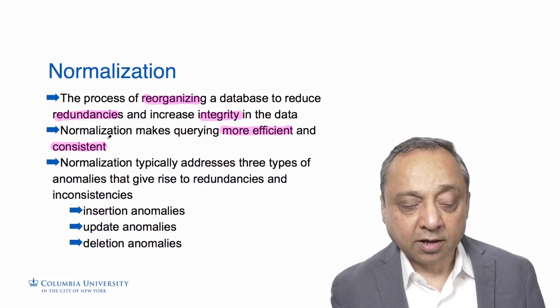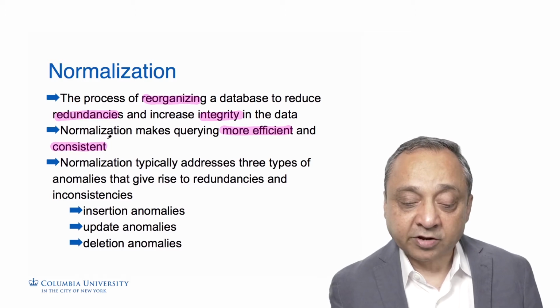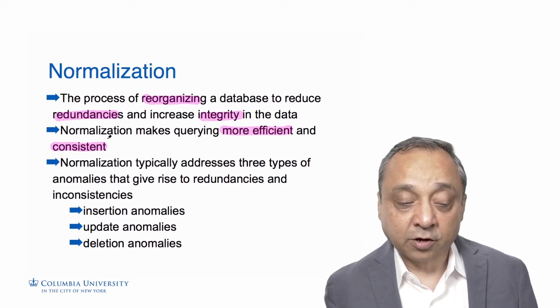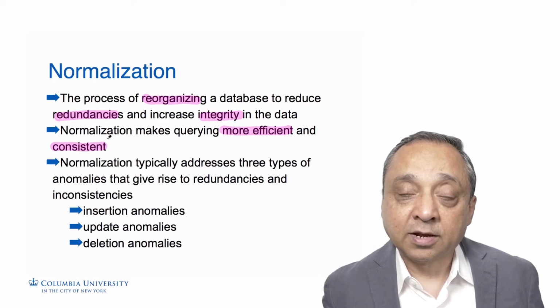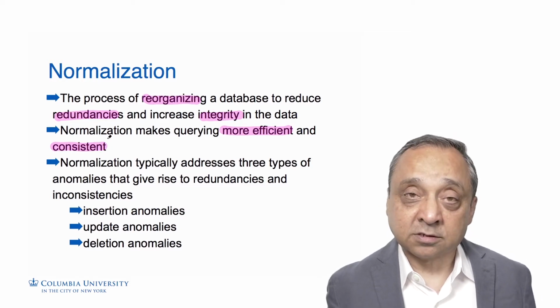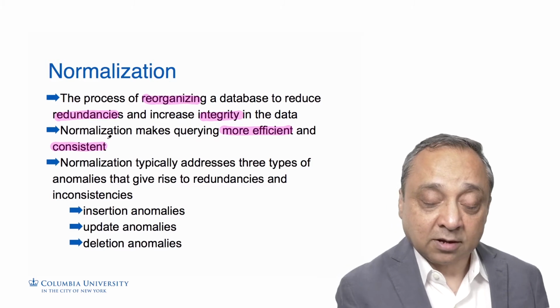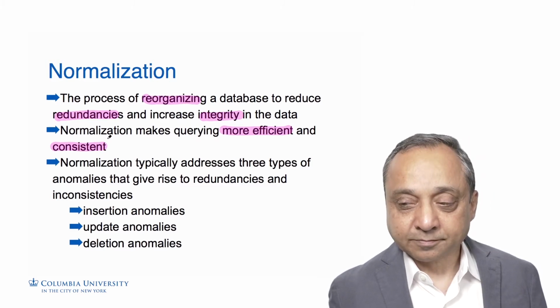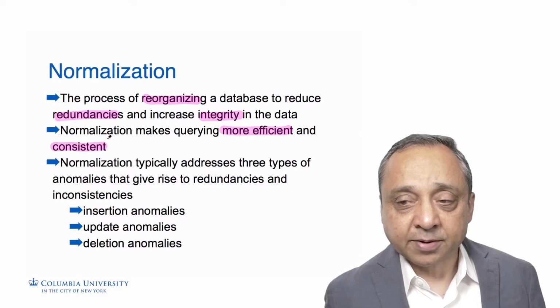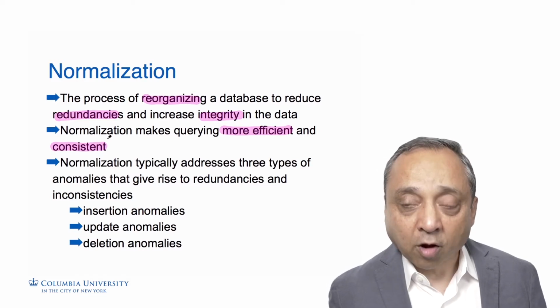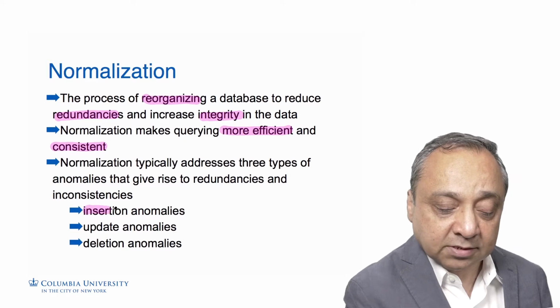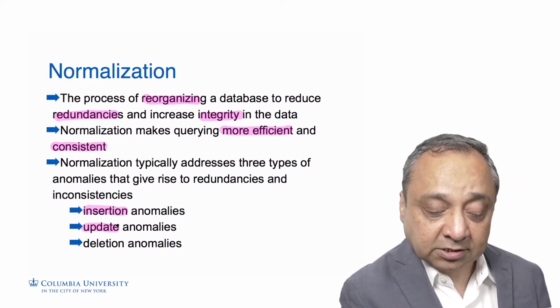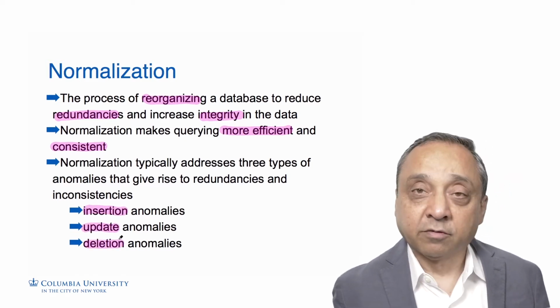But more importantly, what normalization does is it addresses 3 different types of anomalies that typically give rise to redundancies and inconsistencies in a database. So these anomalies are, you can think of them as features of the database that will cause a problem when you're trying to insert data or change something or remove something from the database.